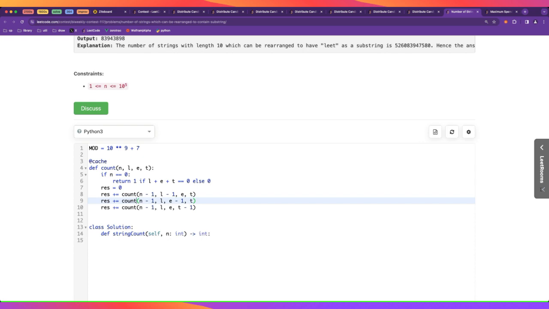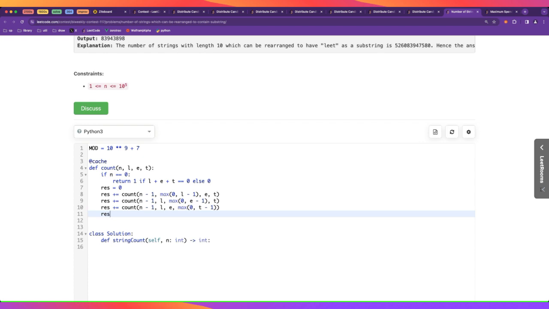But we don't care if we added 1 L or 2 L's, it doesn't matter. We only want to know if we added at least 1. So that means that if we get to 0, we just stay there. So if we do max between these and 0, we'll stop at 0.